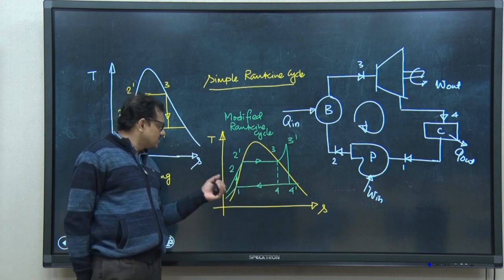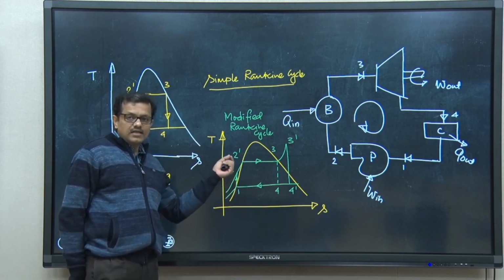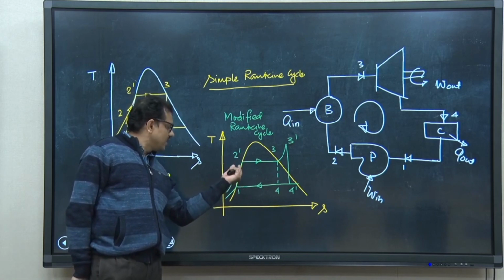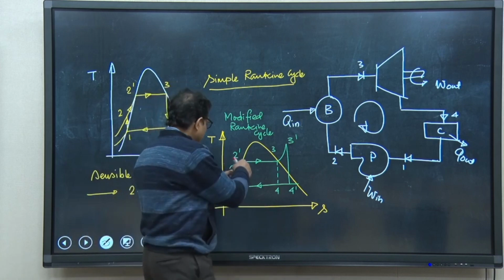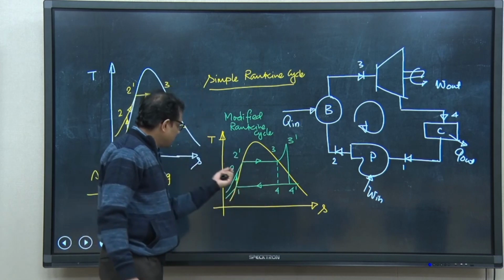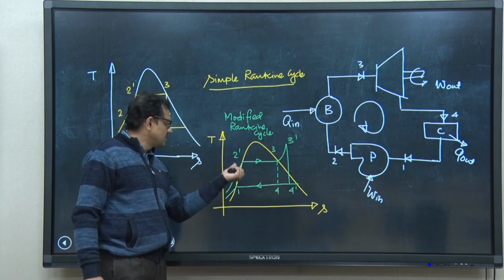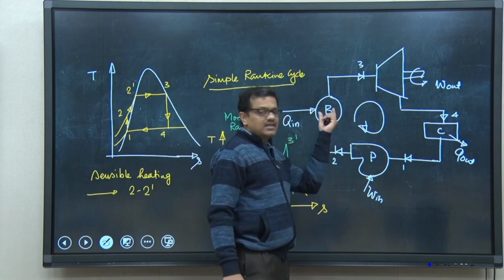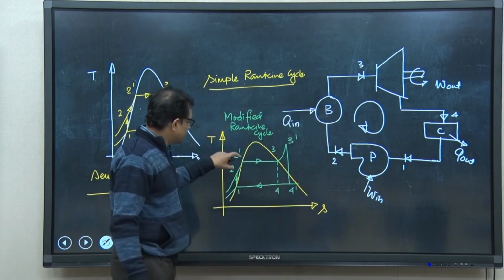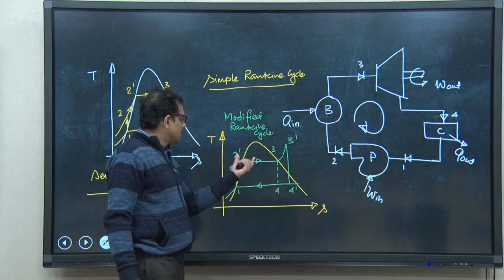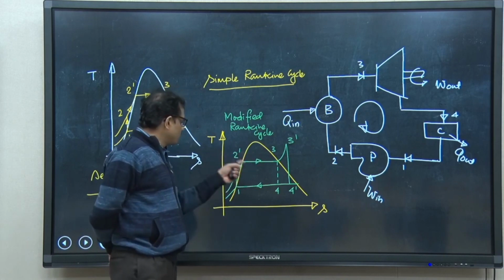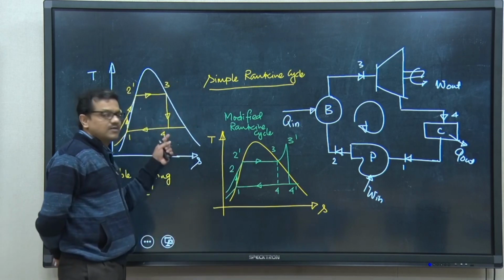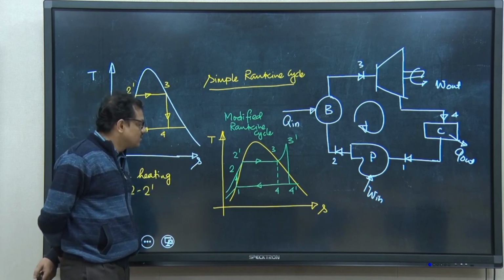So the idea is, if we somehow can increase the temperature at which heat is added, or if we eliminate this particular component. In the boiler there are two components: sensible heat transfer, that is 2 to 2 prime, and the remaining either 2 prime to 3 or 2 prime to 3 prime, depending on whether it is the simple Rankine cycle or the modified Rankine cycle.